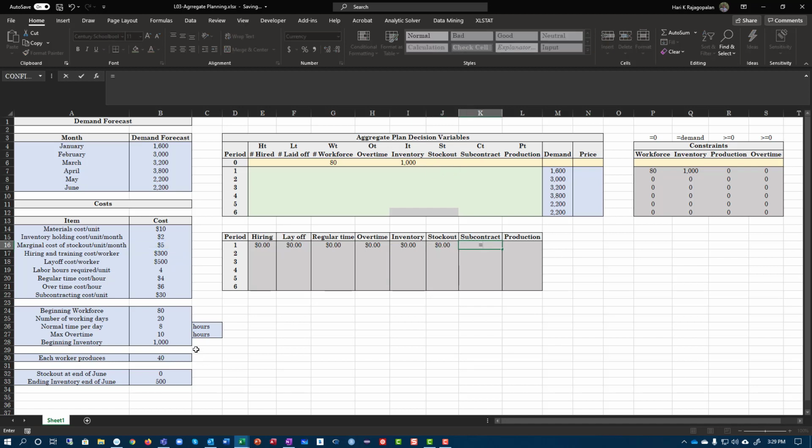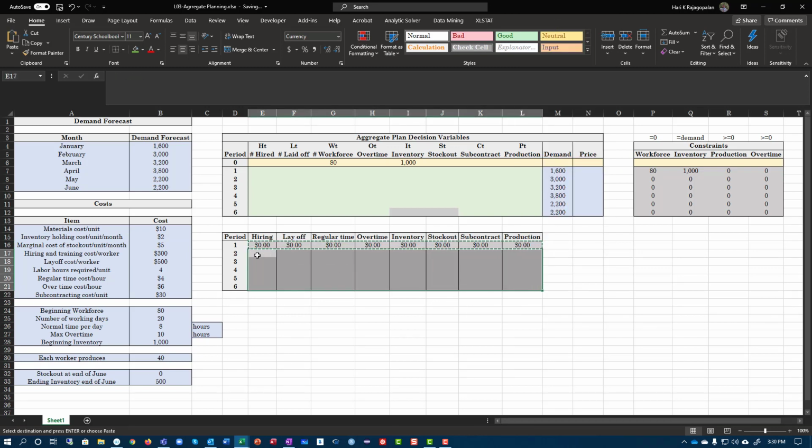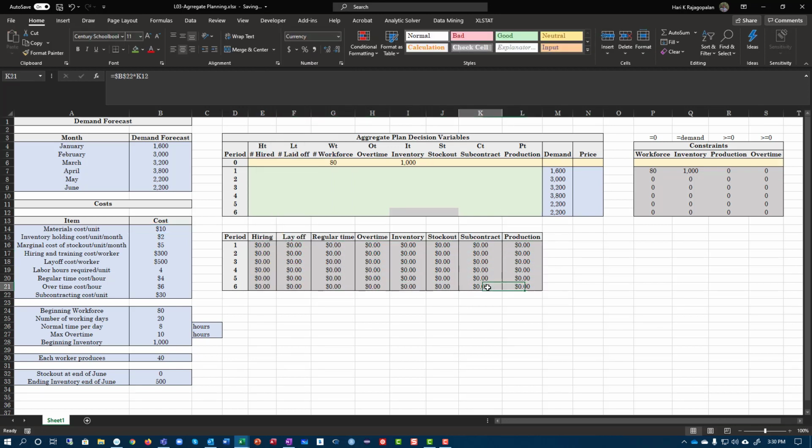Subcontracting, you're going to select the subcontracting cost multiplied by this value here. And then production, you're basically taking the material cost, F4 multiplied by the production. It is not a bad idea to check and make sure you have dollar signs on each one. So you can copy this entire thing and then paste function. And as you can see, just make sure you are selecting these correctly.